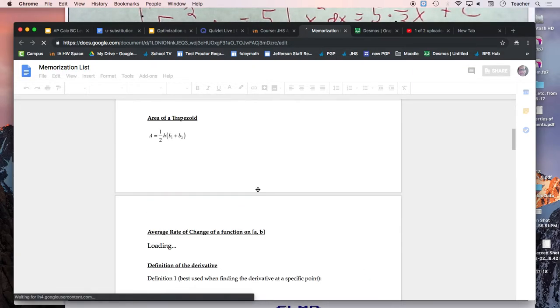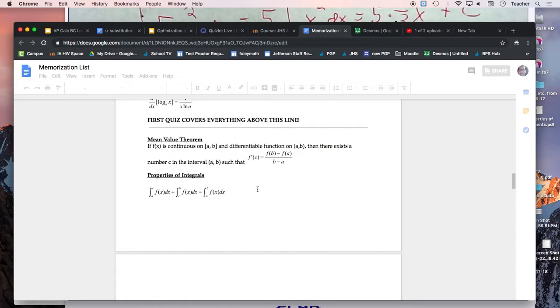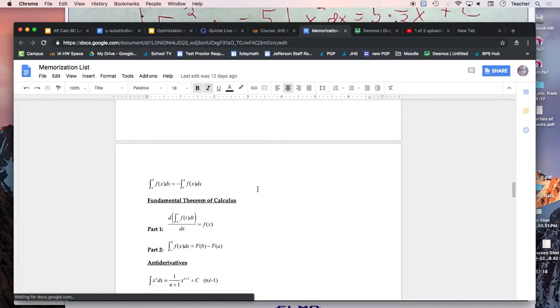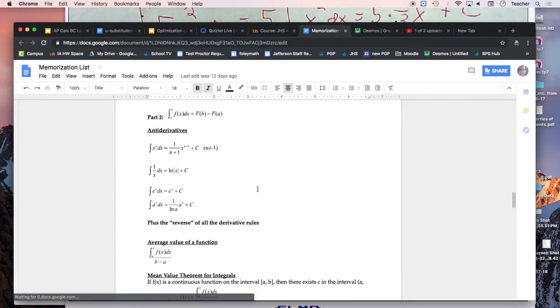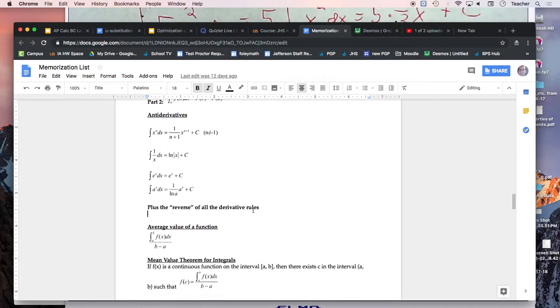If we scroll down, we've got all our derivative rules, and then some properties of integrals that we'll talk about eventually. Down here we have the antiderivatives. I've just got a couple listed, and then it says plus the reverse of all the derivative rules. As long as you know your derivative rules, you'll pretty much know your antiderivative rules. I've highlighted a couple. The antiderivative of e to the x, of course, is e to the x plus c.